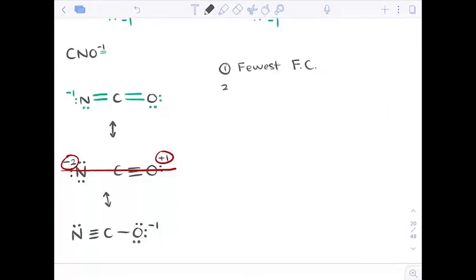The second thing that we want to think about is that the most electronegative atom likes electrons. So they like to have formal charges that are the minus. So when we look at this, oxygen is more electronegative than nitrogen.